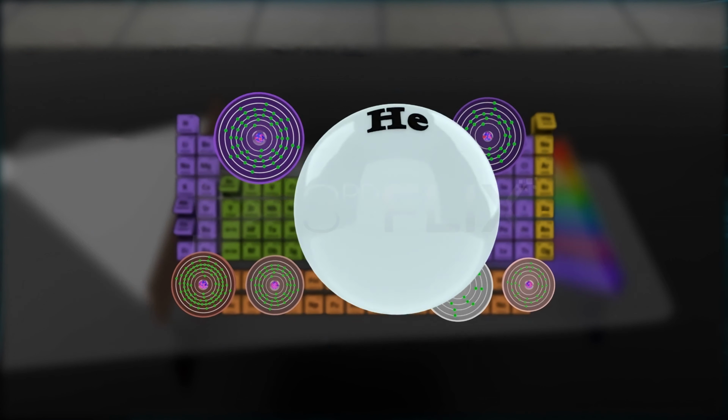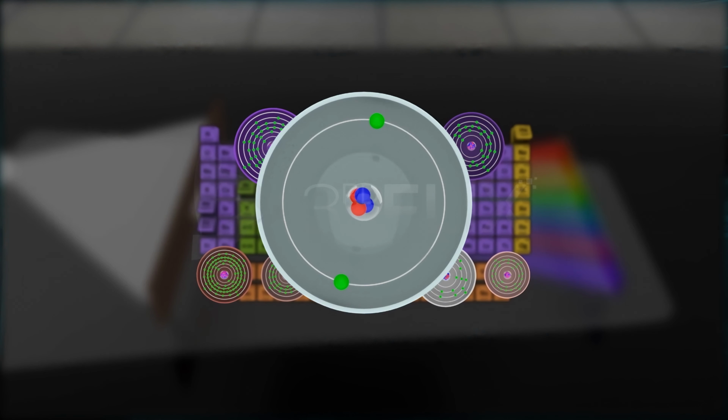The presence of helium was also detected in the Sun using the spectroscopic method.